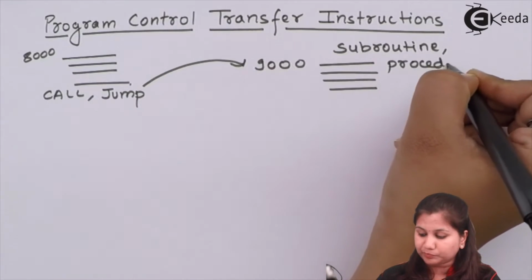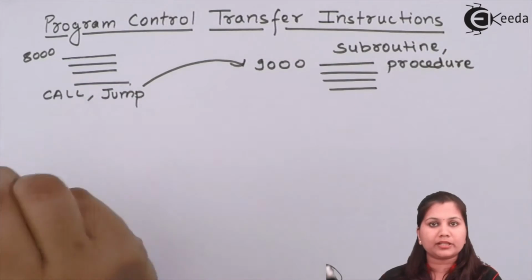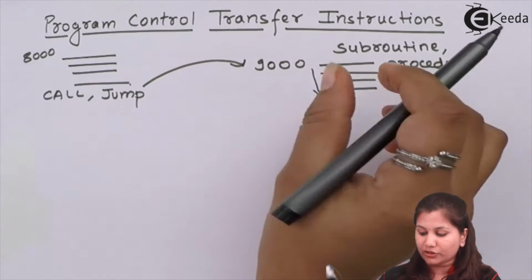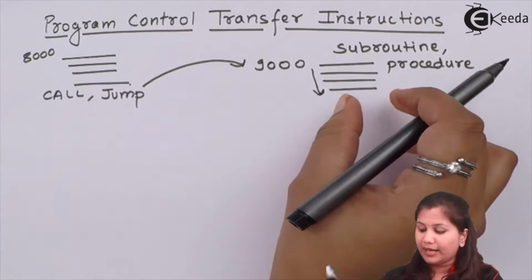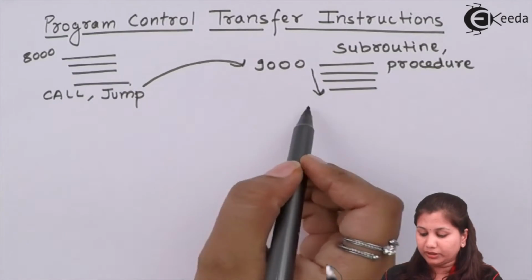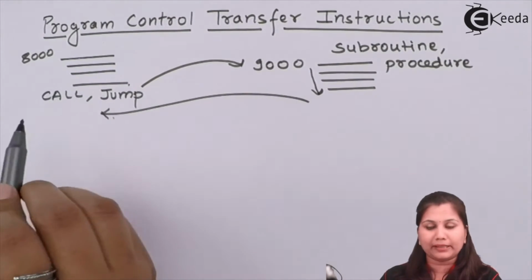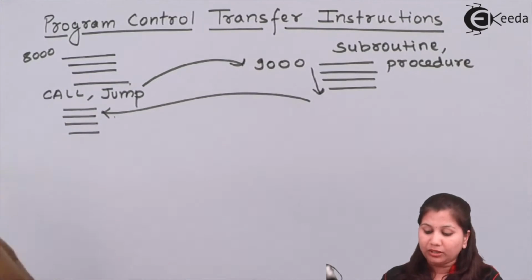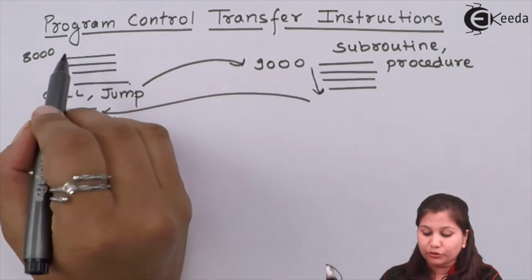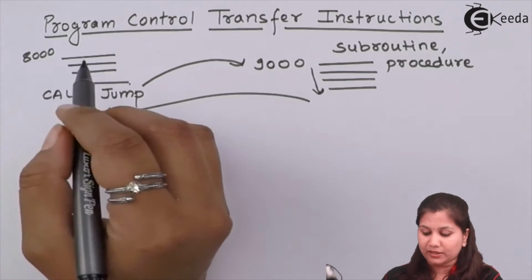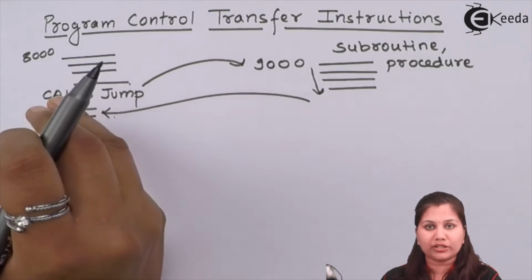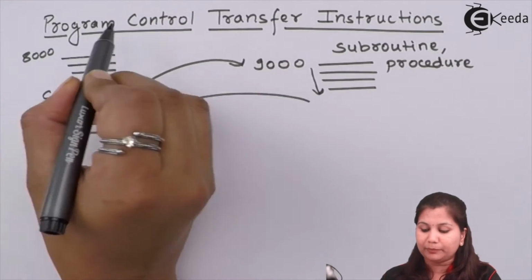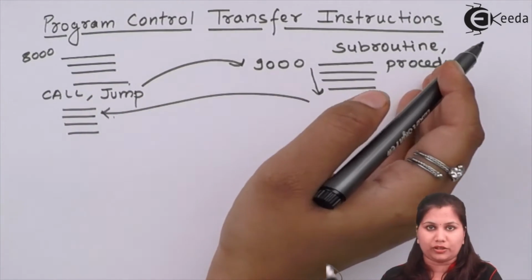So the microprocessor is going to jump to that memory location, execute all the instructions written in that procedure, and then afterwards return back to the main program and execute the remaining instructions of the main program. Because the control of the microprocessor is transferred from one memory location to another memory location, they are known as the program control transfer instructions.